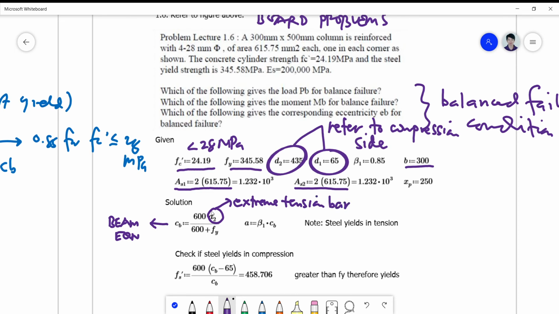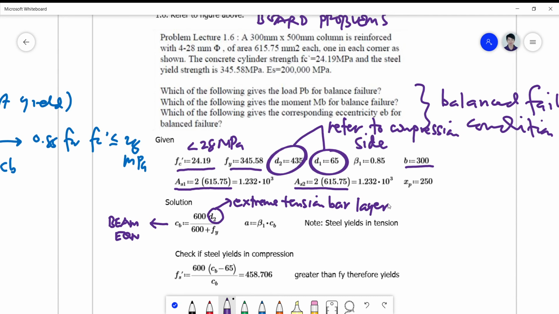So the last, okay, the last reinforcement at the tension side is the one that is used in the formula. So for beam equation, we only have one extreme tension bar, so we don't have to worry about it. But here, sometimes we have a couple of tension bars layer, no? That we have to work on.